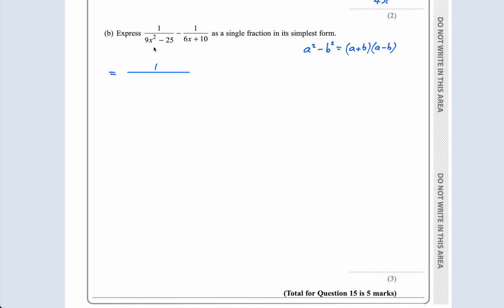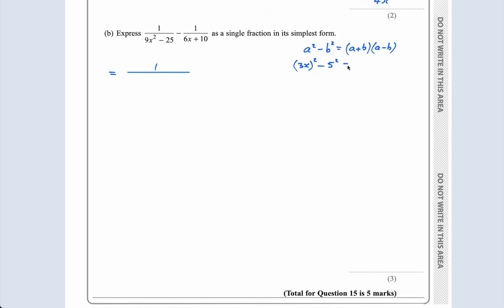So I'm going to apply this rule to this. But this isn't exactly a squared minus b squared. It's 3x in a bracket squared, so that's going to be like my a. It's this squared minus 5 squared, because 5 squared is 25. So 3x all squared is 9x squared. 5 squared is 25.